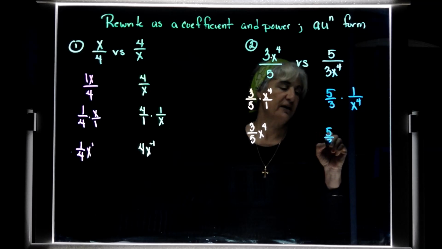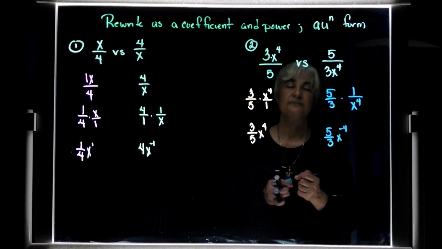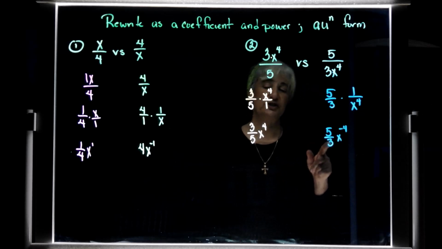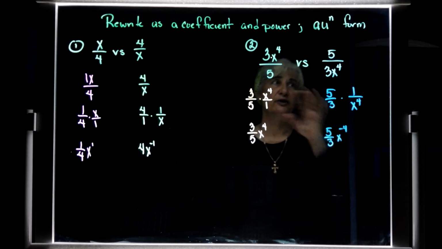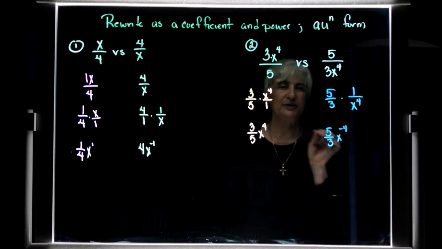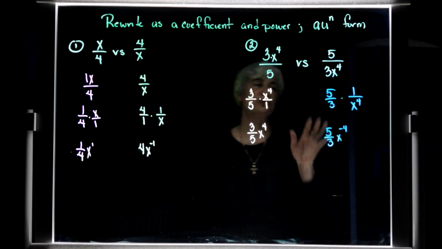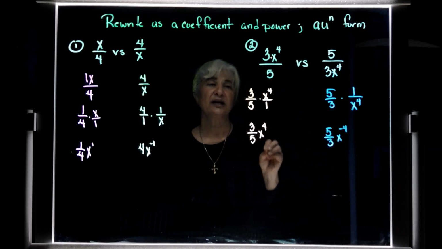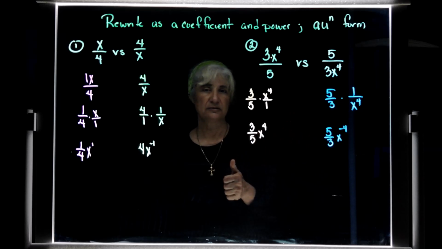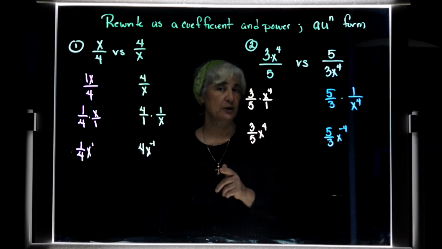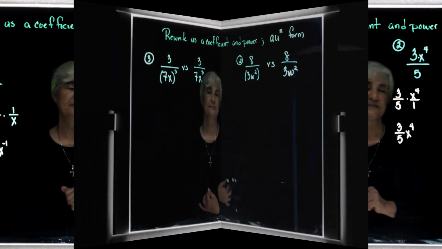So wouldn't it be 5/3 times x to the negative 4? This coefficient is 5 over 3, and this has a power of negative 4. They're reciprocals of each other, but sometimes the brain likes to play tricks. So you really have to take them slowly and look at them individually. Cool? Okay, I have a couple more examples coming your way, so stay tuned.